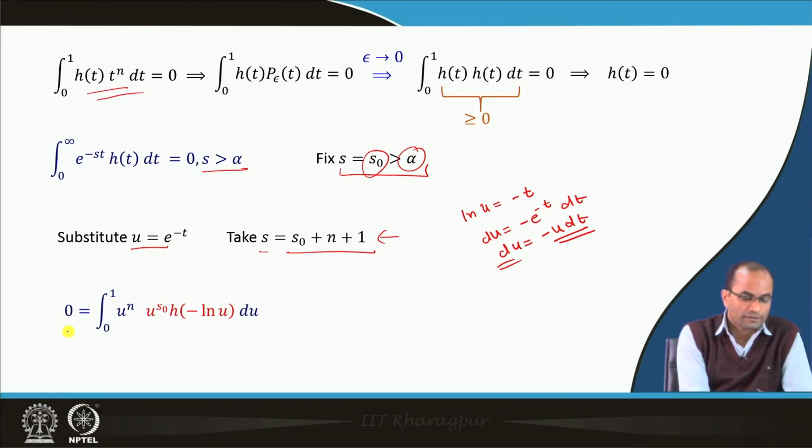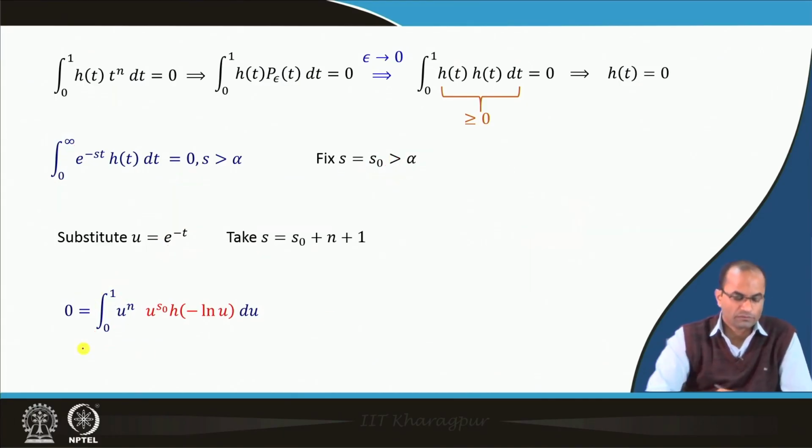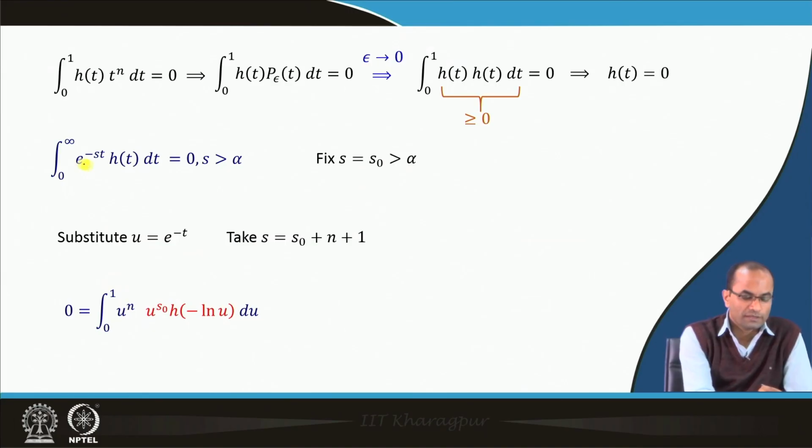So, here this result says that 0 equals the integral from 0 to 1, where the limits, which were 0 to infinity, change: when t is 0, u goes to 1, and when t is infinity, u goes to 0. The minus sign will be adjusted to reverse the order of the integration. Then we have e power minus s t and e power minus t.